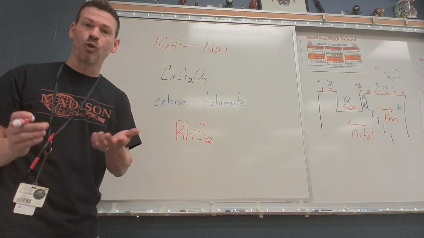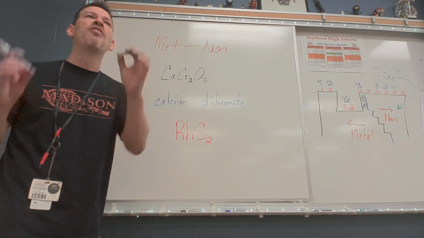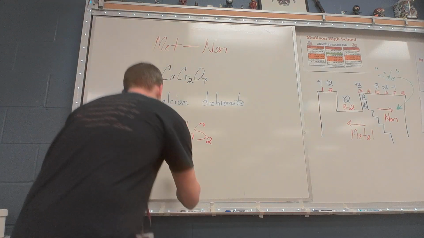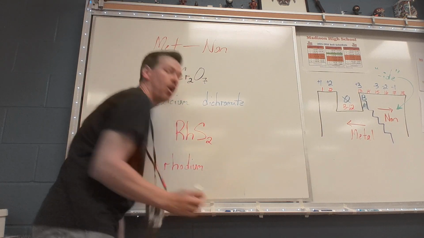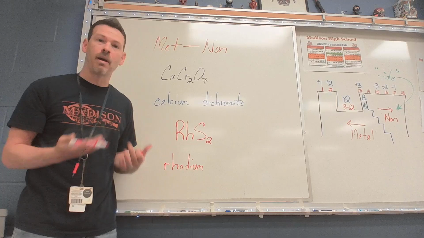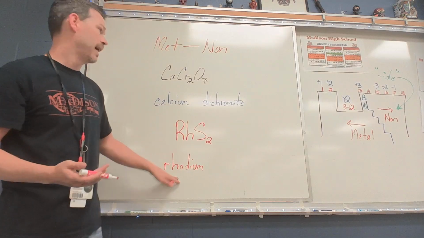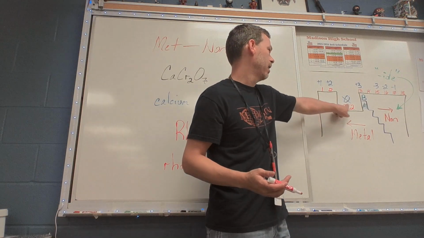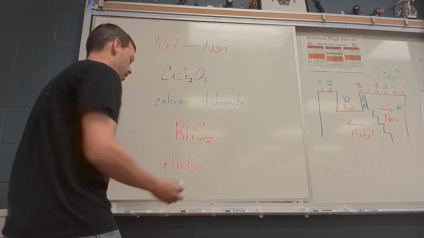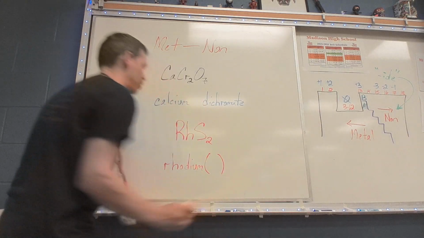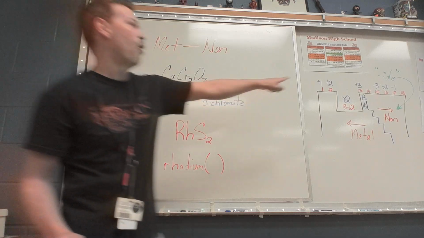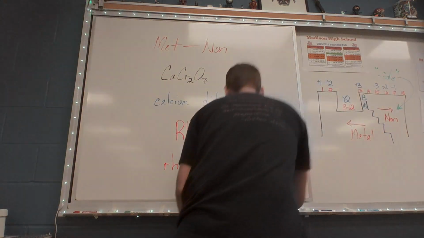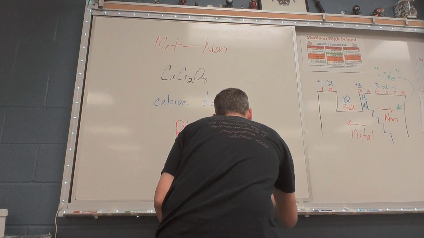If Rh, it's rhodium, if I'm going to write down the name of a transition metal, then I have to make sure that other scientists know which species of rhodium I'm talking about. So, again, it's just this middle area, but rhodium is there. So I have to identify a charge. So Rh is rhodium. S is going to be sulfide as the second dude there.